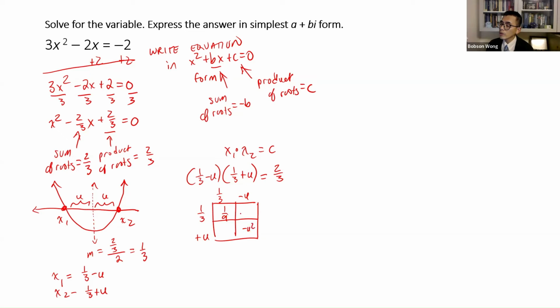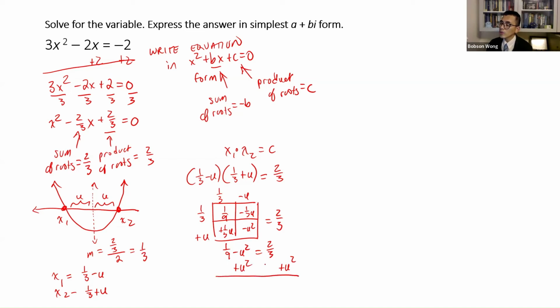This is minus u squared. This is minus 1/3 u. This is plus 1/3 u. That equals 2/3. Now we get 1/9 minus u squared equals 2/3. We want to solve for u, so we can get the u squared over to the right side because we like the coefficient of u squared to be positive. That makes things less confusing.